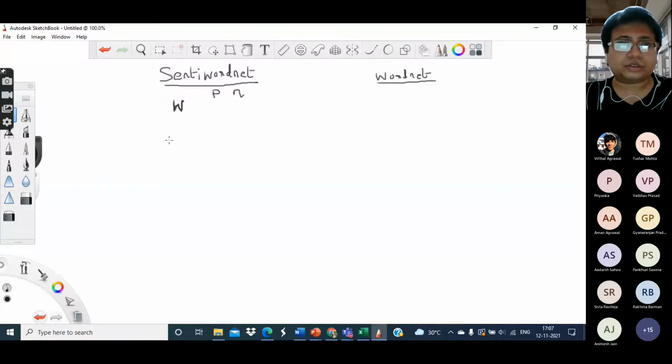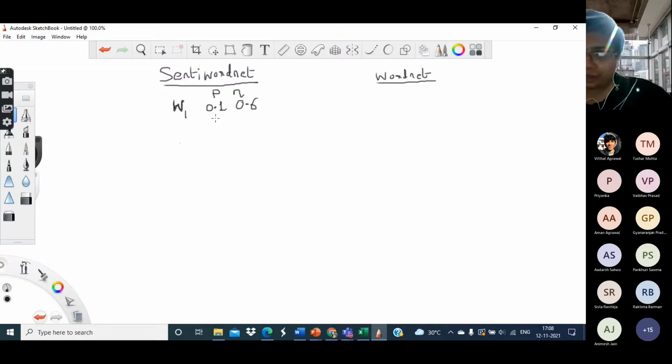Yes, sir. So in case of SentiWordNet, as we had seen yesterday, there is a list of words. Each word has a positive score and a negative score. Both of these scores are a value between 0 and 1. So if for word 1, the positive and negative scores are 0.1 and 0.6, these scores are open to interpretation.